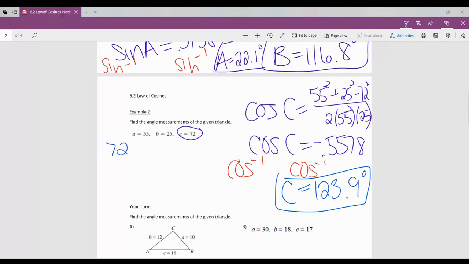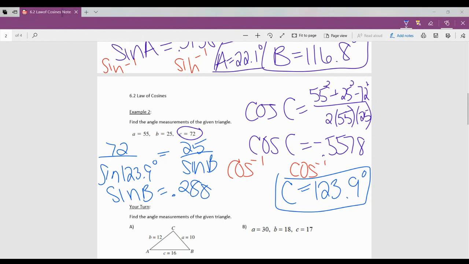So 72 over sine of 123.9 degrees. And then I go to the smaller of the sides, 25 over sine of B. Okay, so cross multiply, 25 sine of 123.9, and then we divide that by 72. So we get sine of B equals 0.288.